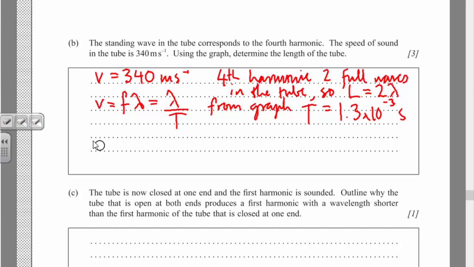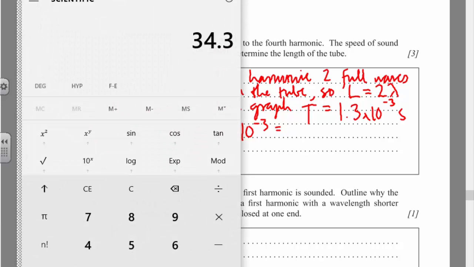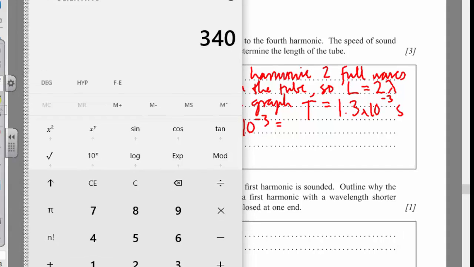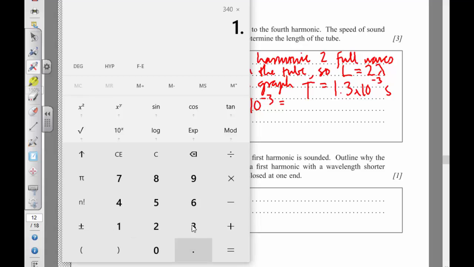So lambda is going to be equal to the speed of the wave times the time period, which is 340 times 1.3 times 10 to the negative 3. Using our calculator, that gives us 0.442, so that's the wavelength.